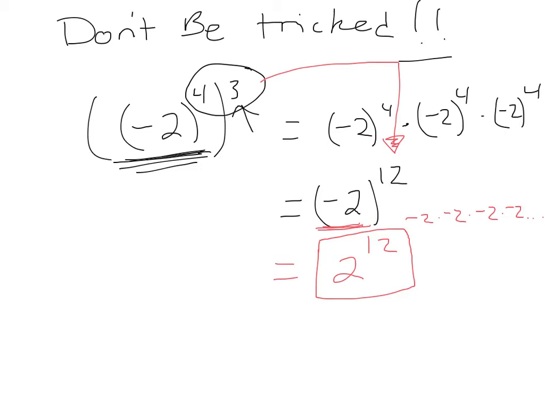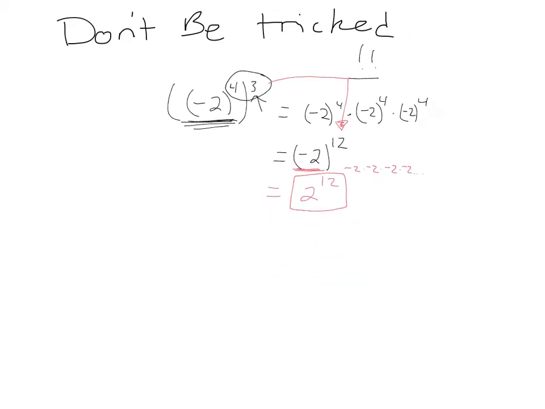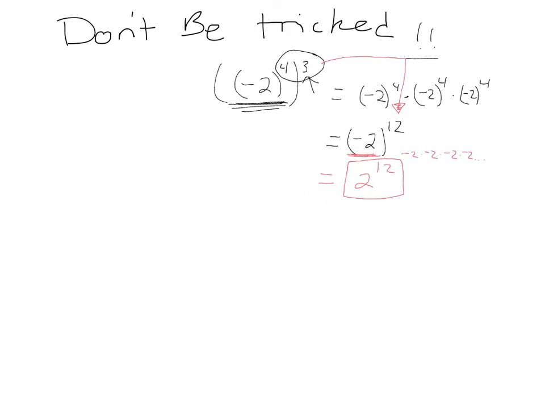There you have it. Now, be careful, because sometimes when you're walking on the streets, you'll run into something like this. You've got negative a to the second and to the third.